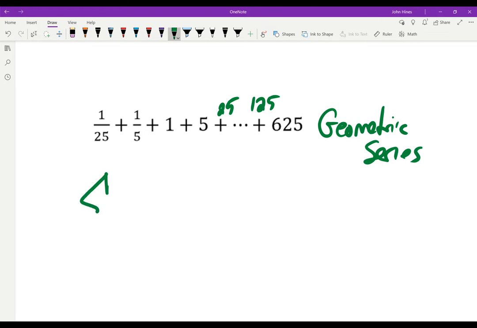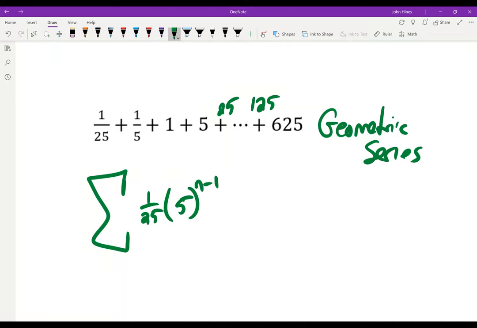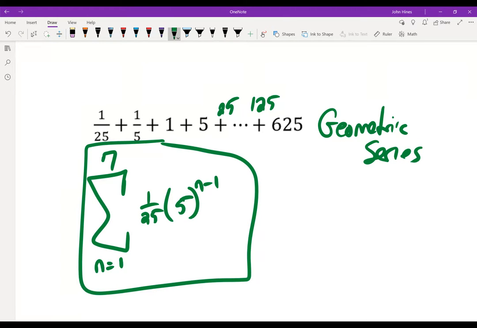So I'm finding the sum of, well, what's the explicit formula? a1 r to the n minus 1. I'm starting at n equals 1. 1, 2, 3, 4, 5, 6, 7. It's 7 terms in that I have to get to tell me where to stop. So I just counted up my terms to see how many I needed until I stopped.